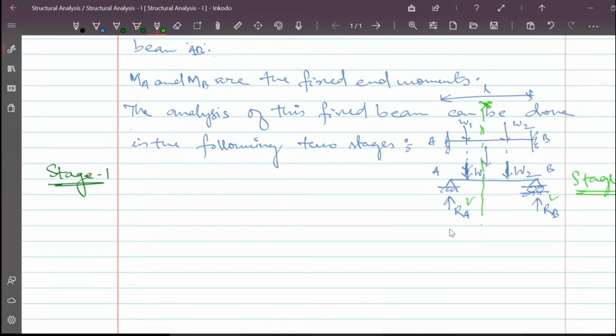Okay, so now if I draw the free bending moment diagram for this one, then it will be, so let us say that I'm drawing the arbitrary bending moment diagram, free bending moment diagram.